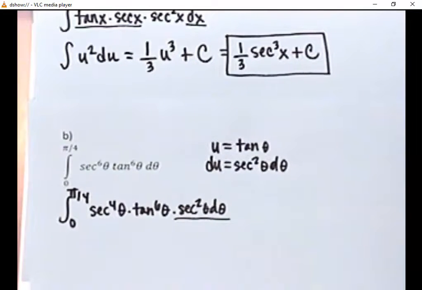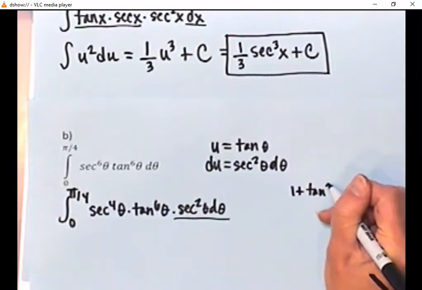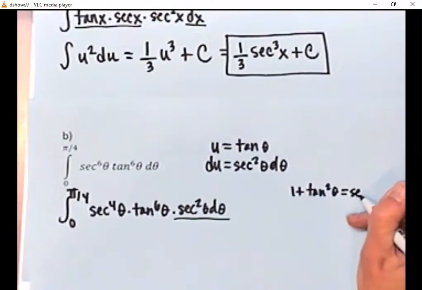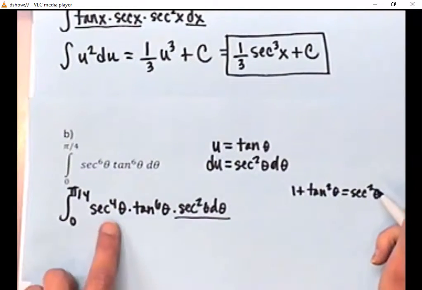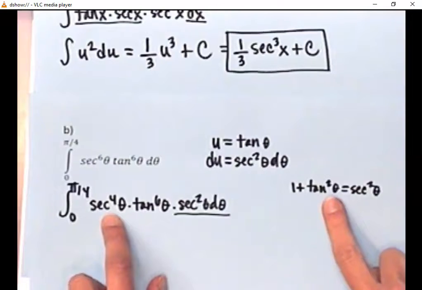Unfortunately, we don't have power reducing for secant. We only have it for sine and cosine. Okay, so we have an identity though, right? So remember what the identity is? What is it? 1 plus tangent squared equals secant squared? So I can switch any secants that are to an even power anyway into tangents.